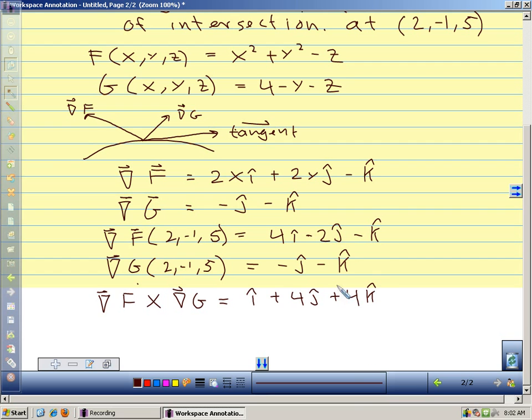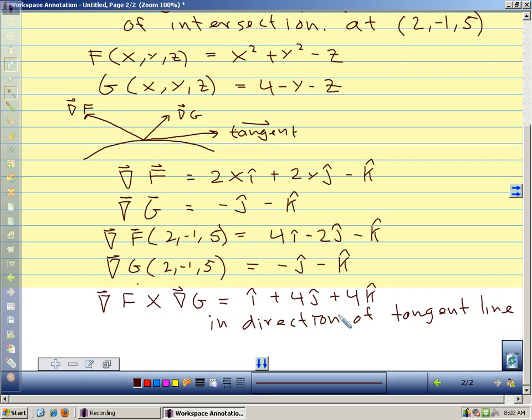Del F cross del G is in the direction of the tangent line. So this gives us the direction numbers for the vector that's parallel to the line that we're interested in.